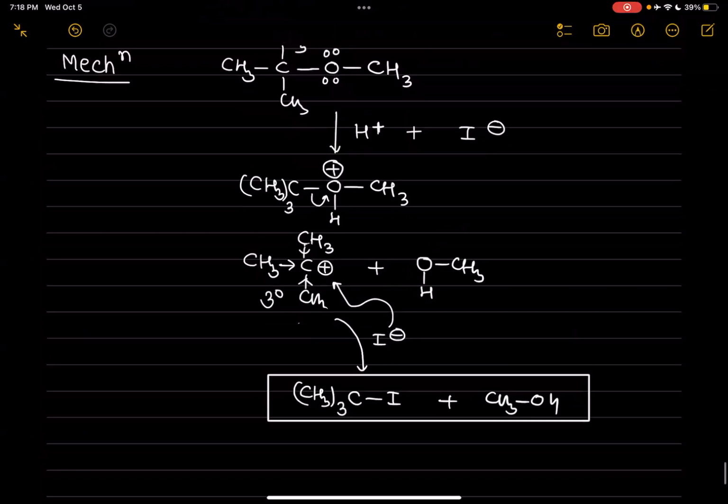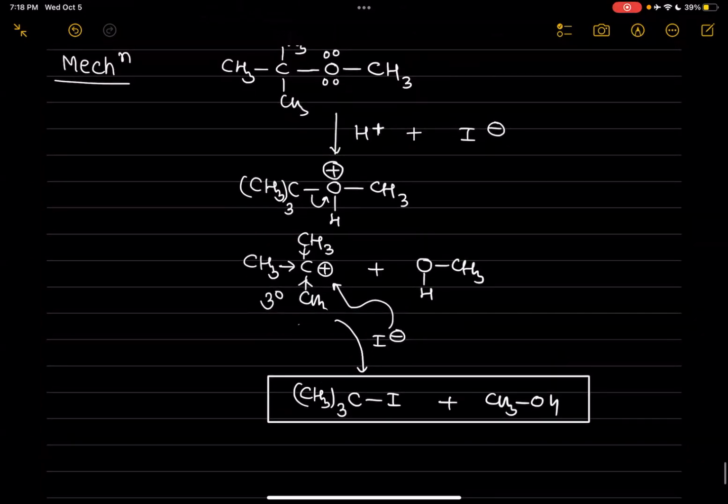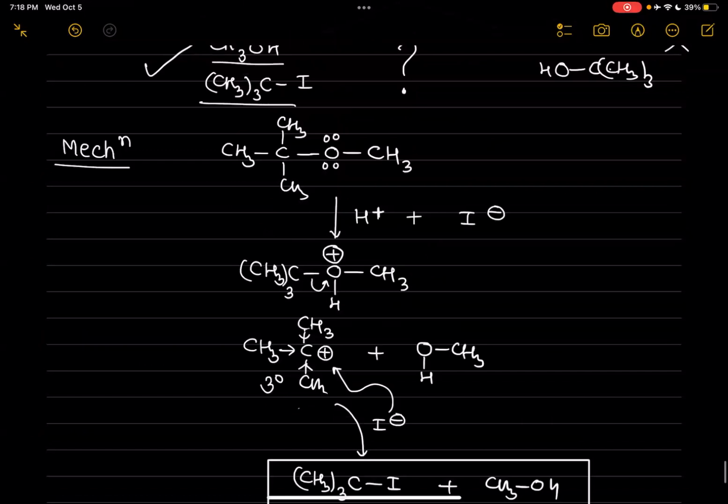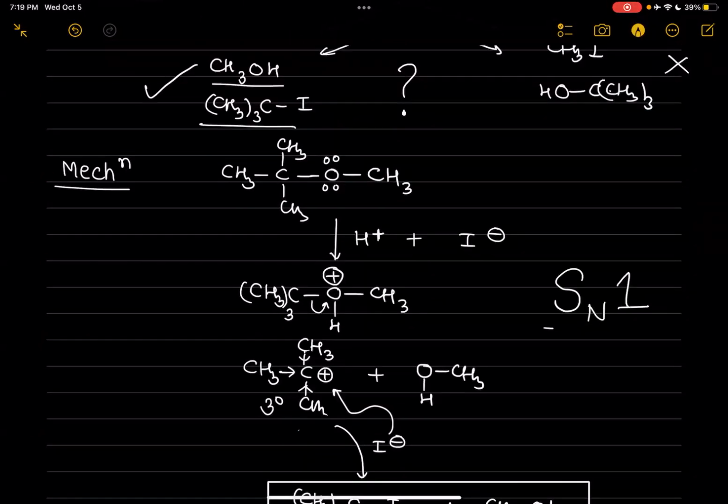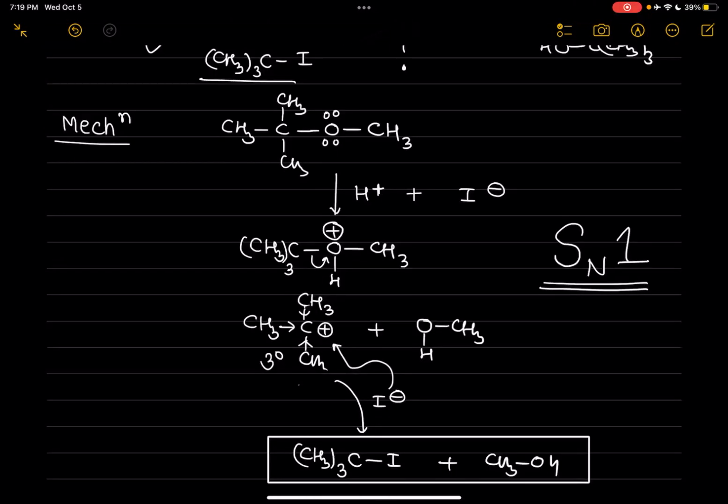Okay. So this is the SN1 mechanism. In SN1, as we have seen in alkyl halides also, in tertiary, SN1 happens where the leaving group comes out on its own, leaving behind a carbocation. And then that carbocation will be attacked by the group which brings in the lone pair, the iodide.